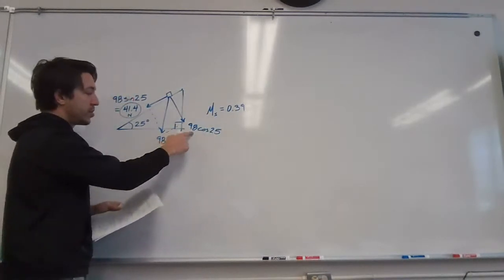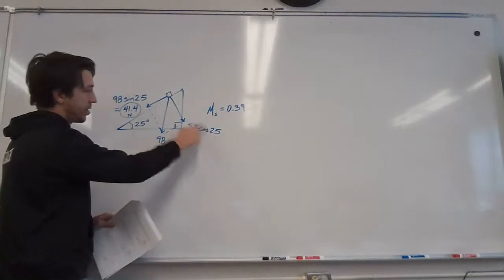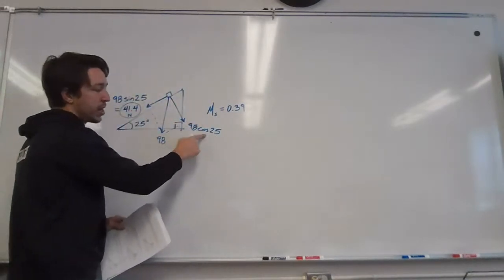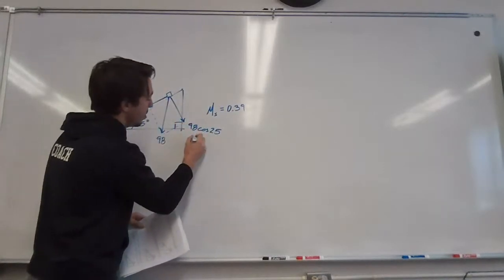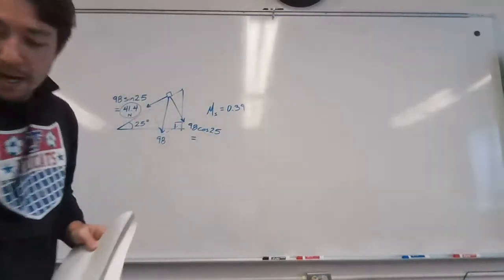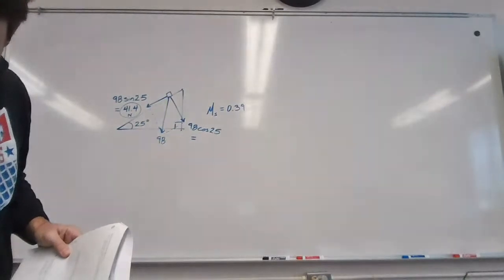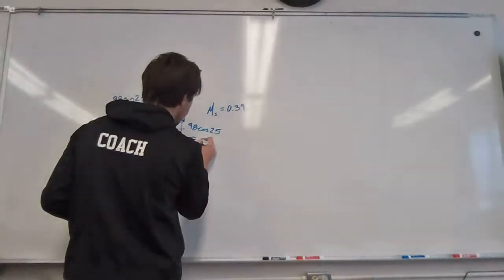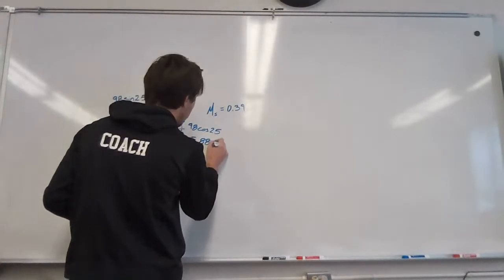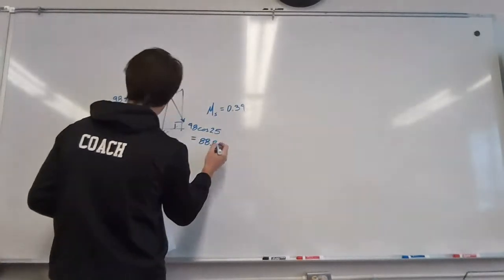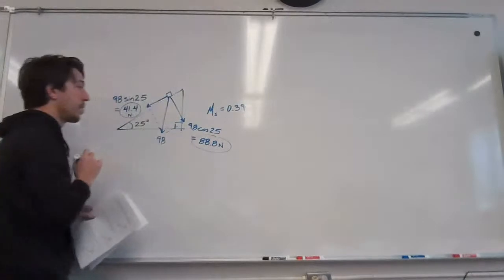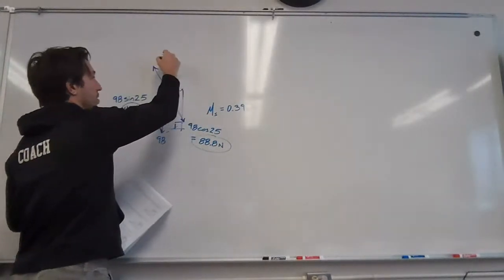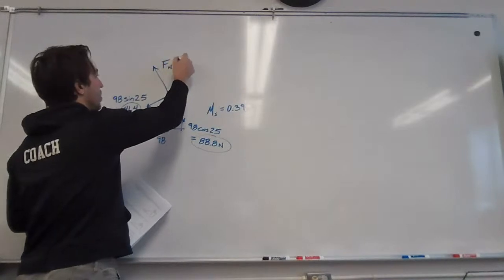So again, you just go mg cosine of theta for this one: mg sine of theta for the parallel to the ramp, mg cosine theta for perpendicular to the ramp. 98 cosine of 25, 88.8. Okay. So how big is the normal force? Very good.